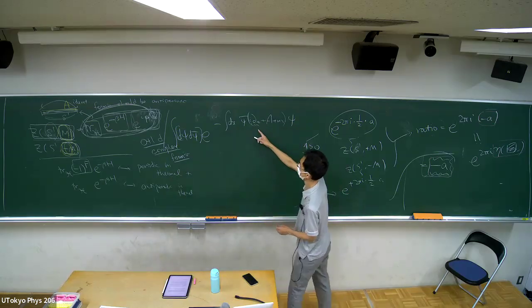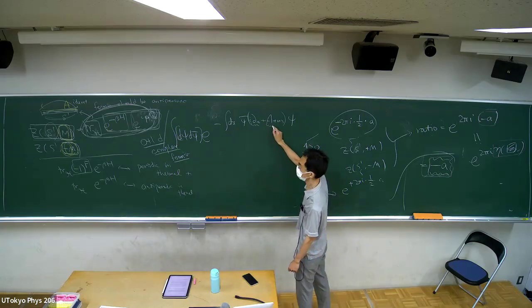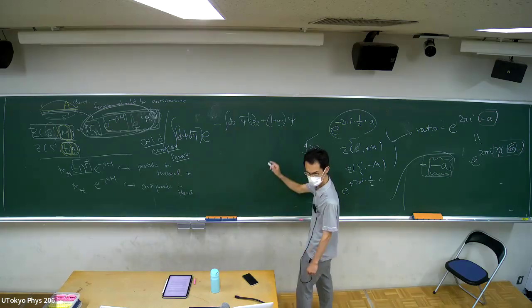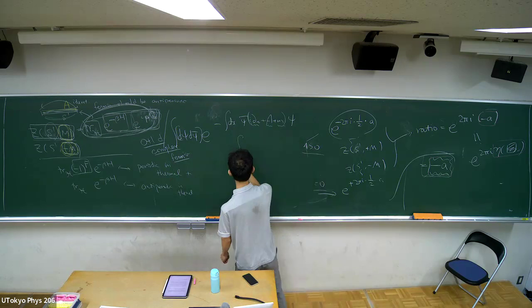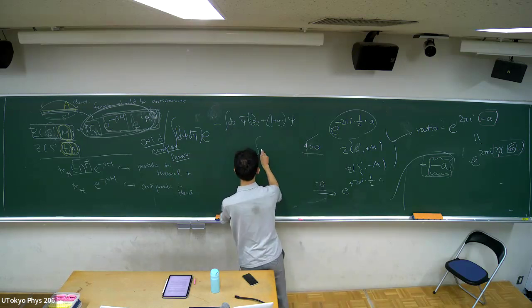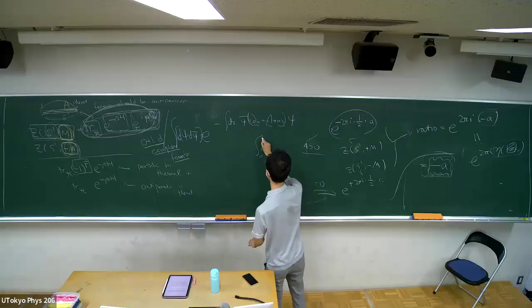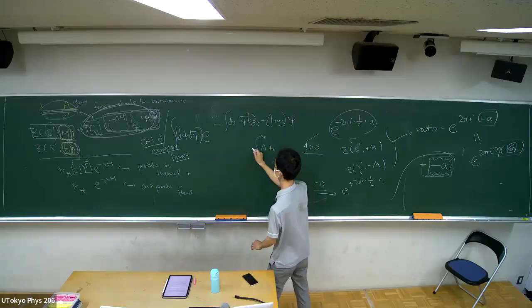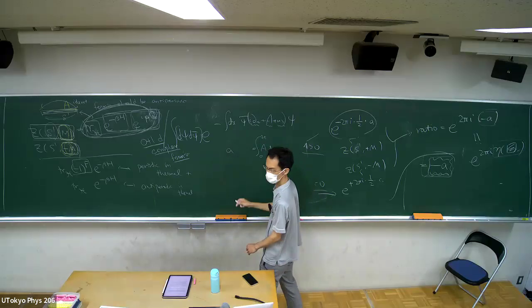So you have the time derivative and the U1 gauge field and the mass term. And the little a is defined by integrating a from 0 to 2 pi dx. And this is little a.